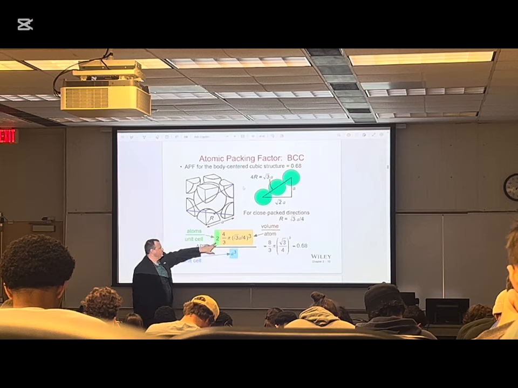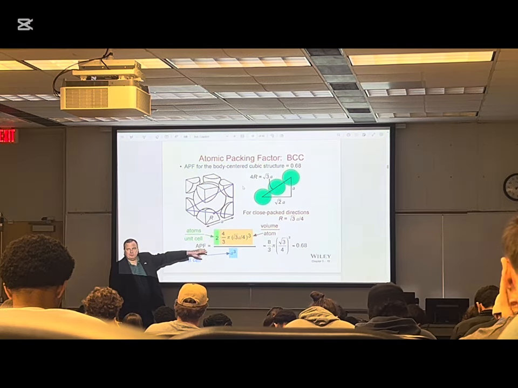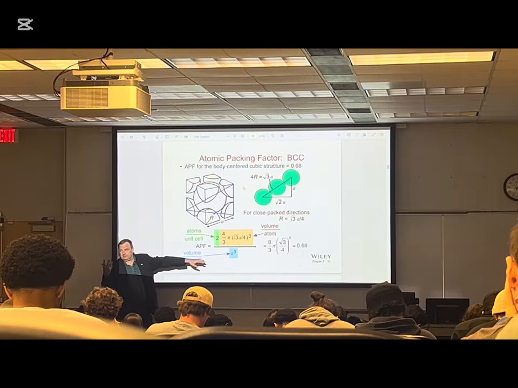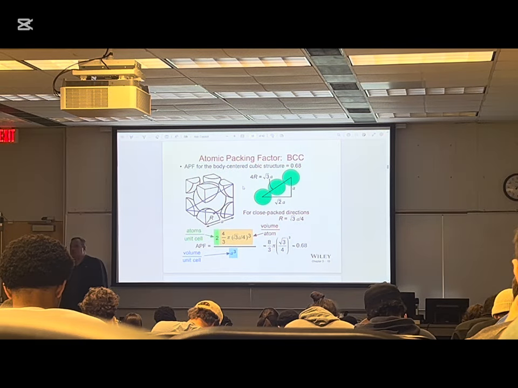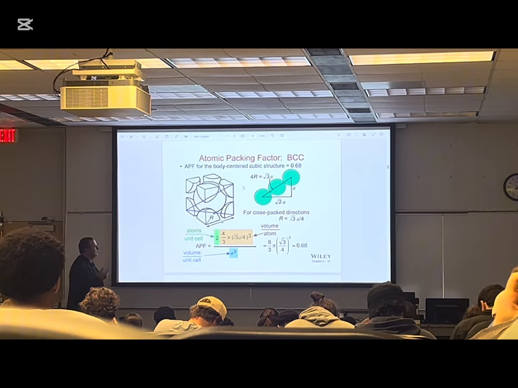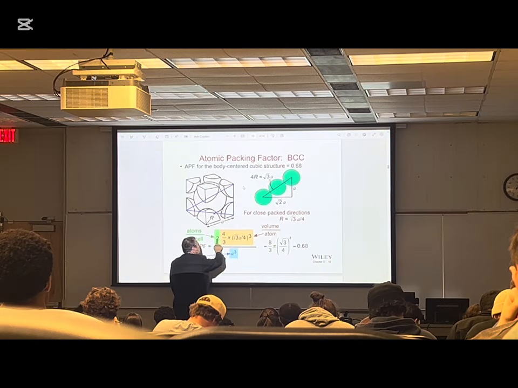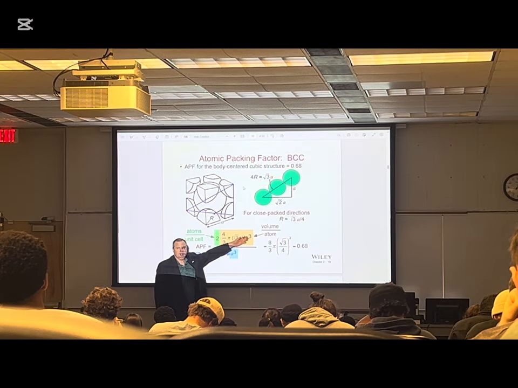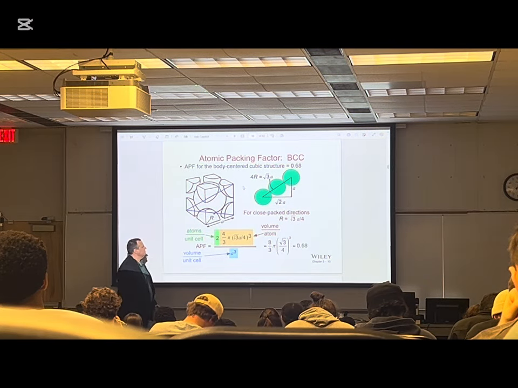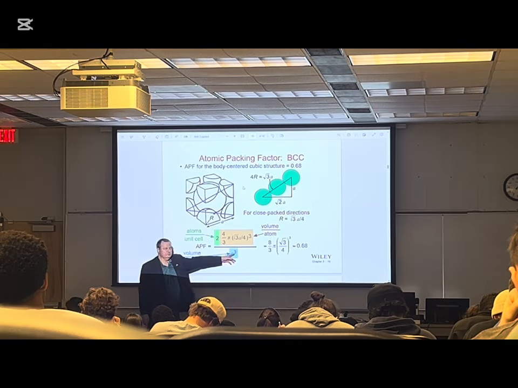So we have 2 atoms per unit cell times the volume of 1 atom, 4/3 pi r cubed. So instead of the r, we plug this in here. So this becomes 2 times 4/3 pi times square root of 3a over 4 to the 3rd power. And the volume of the unit cell is still a to the 3rd.